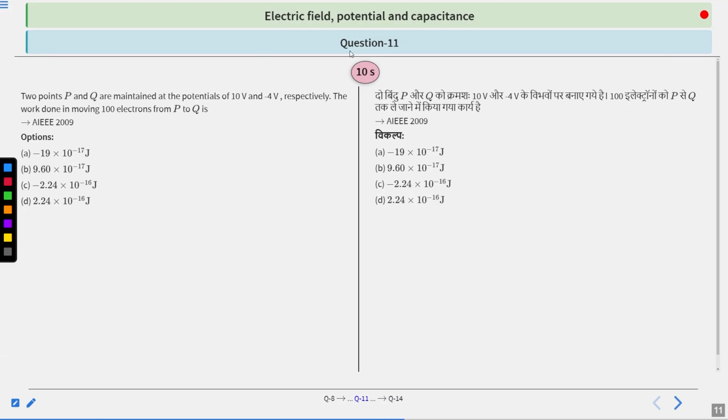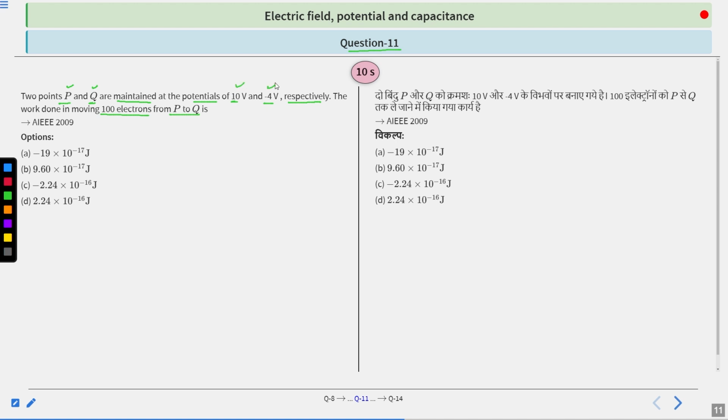Question 11. Two points P and Q are maintained at the potentials 10 volt and minus 4 volt respectively. The work done in moving 100 electrons from P to Q is what? So in this question, the first point is P and the second point is Q, and both points are maintained at the potentials 10 volt and minus 4 volt.